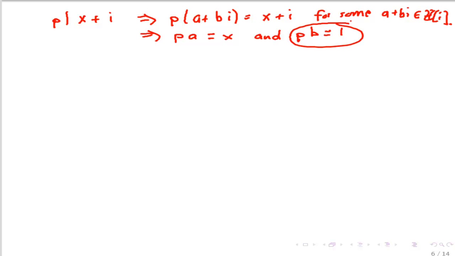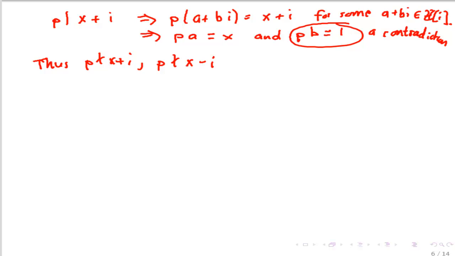And that is a contradiction. You can't have p times a whole number equaling 1. So we can't have p dividing x plus i. And similarly, you can't have p dividing x minus i for the same reason.